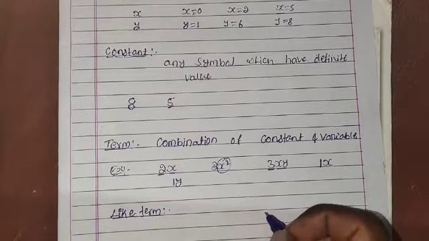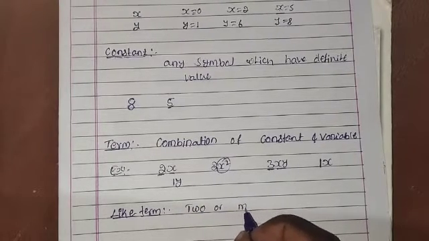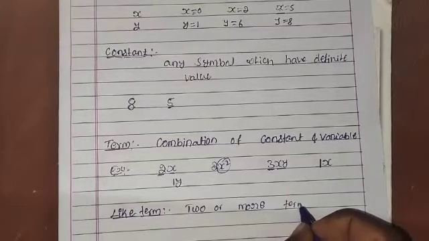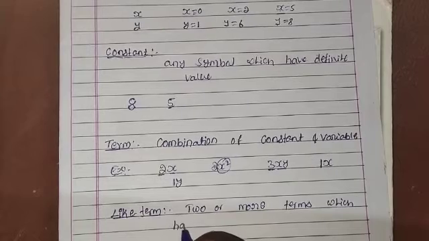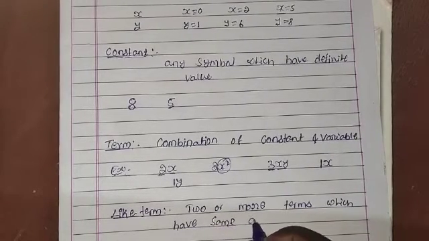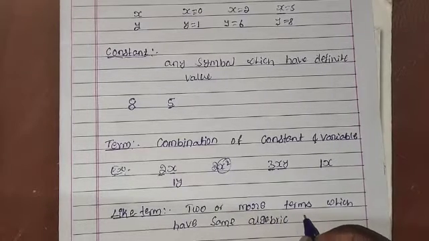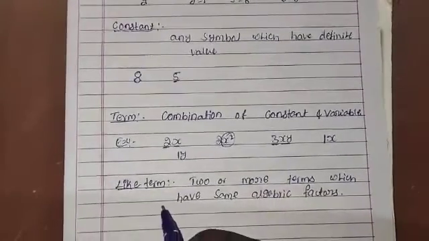If two or more terms have the same algebraic factor, they are called like terms.